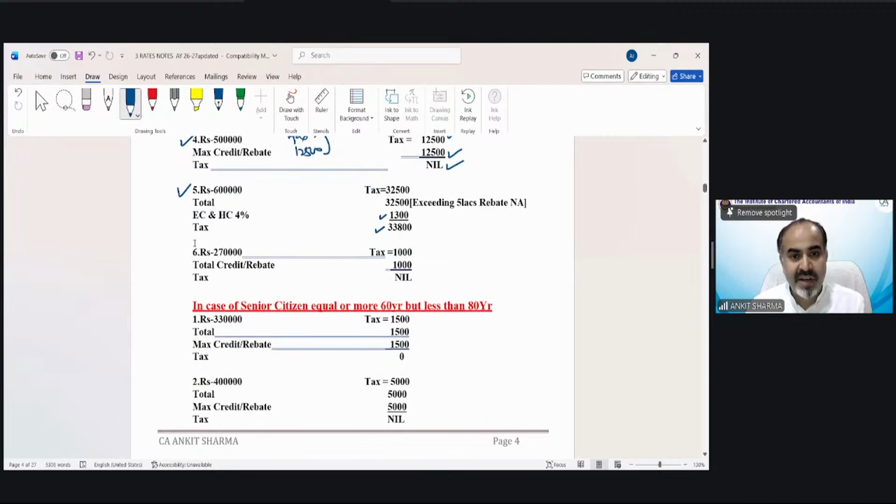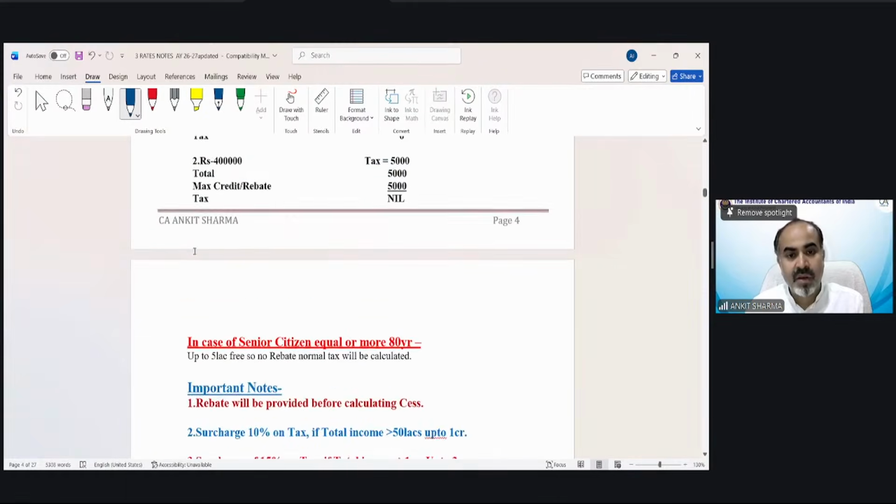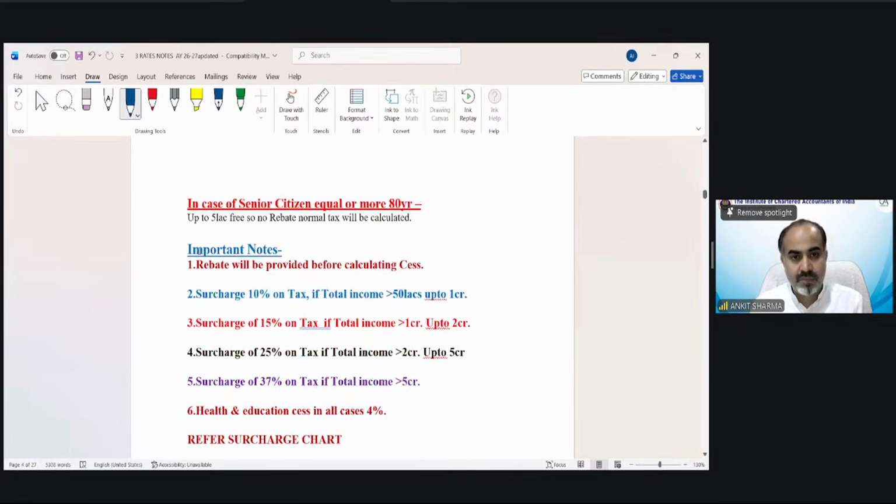Another example, in case of a senior citizen, the rebate would be applicable before calculating cess. In case of a super senior citizen, rebate will not be applicable in any case. Why?